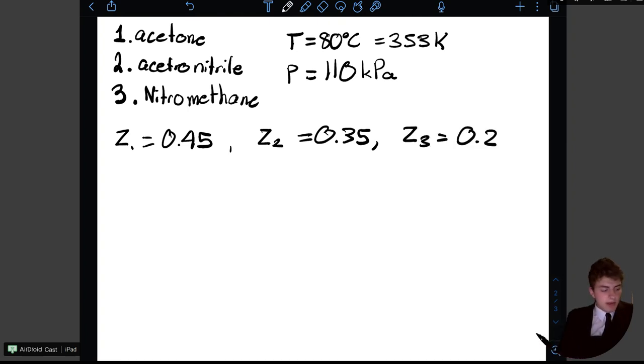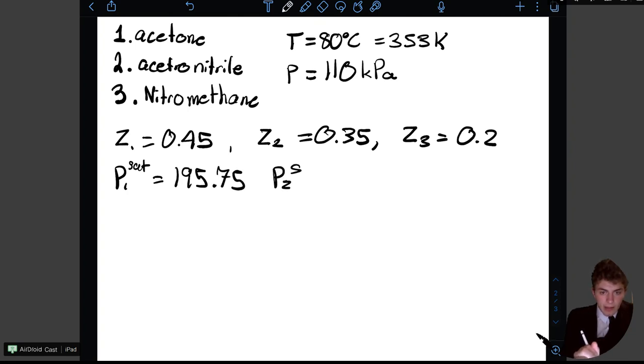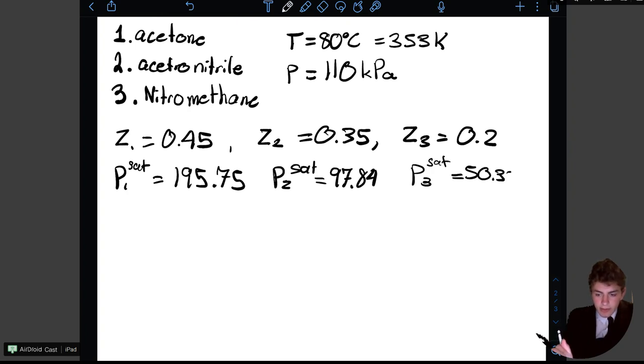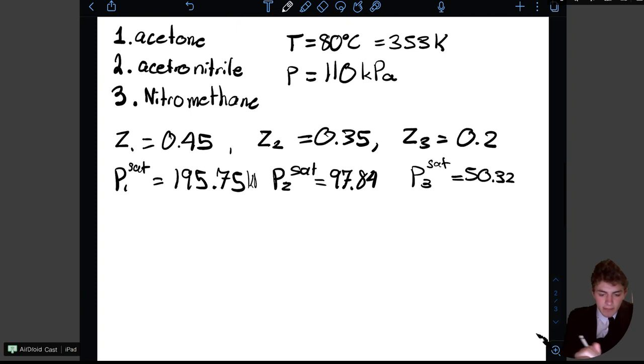We are told that Raoult's law holds for this system, and we are told the vapor pressures of the pure species: P1 sat is 195.75, P2 sat is 97.84, and P3 sat is 50.32. All of these are in kPa, or kilopascals.